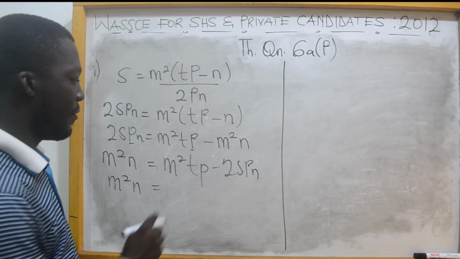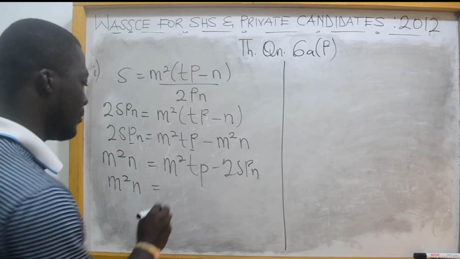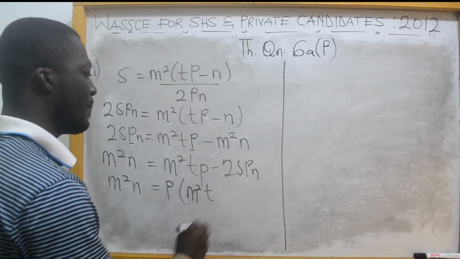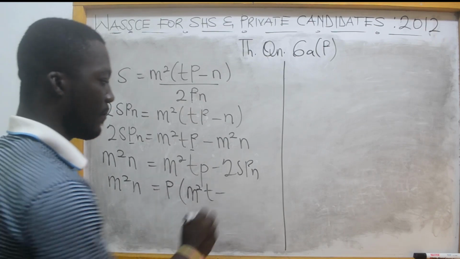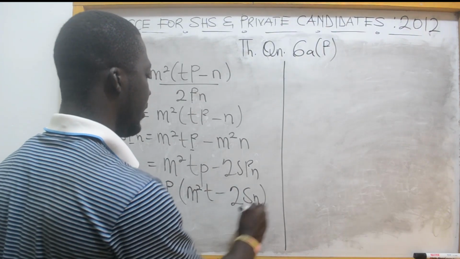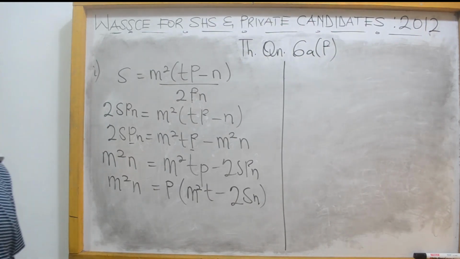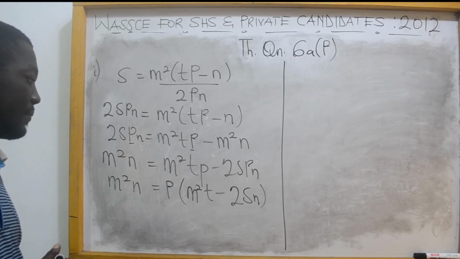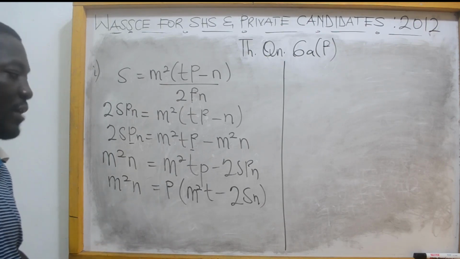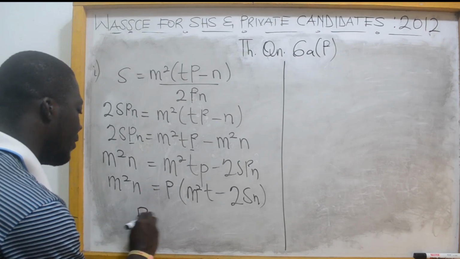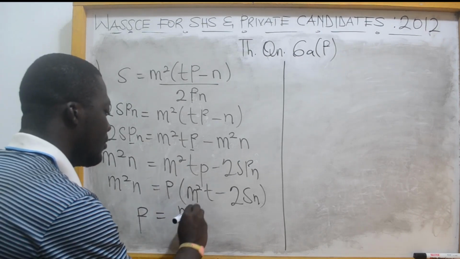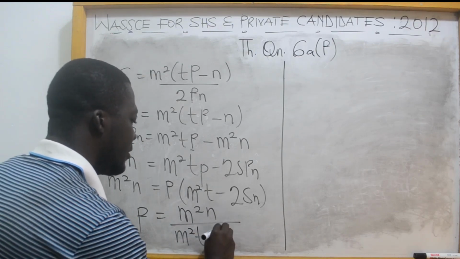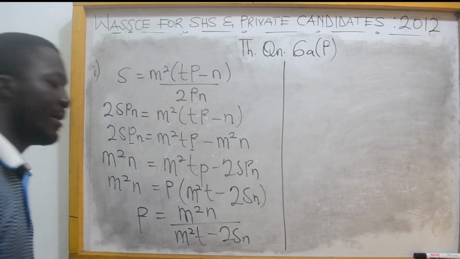Then here we factor the p out. So p into bracket m squared t minus 2sn we have there. Now we want to make p the subject, so we divide both sides of the equation by m squared t minus 2sn. And we are going to get the value of p as m squared n divided by m squared t minus 2sn.